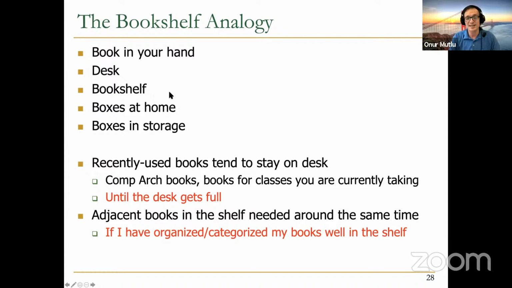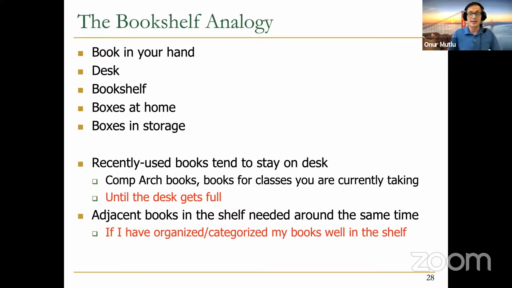But this is the temporal locality principle, right? Basically, recently used or frequently used things, you try to at least keep closer to you and not in long latency access storage, for example. But there's also a spatial locality aspect of it as well. For example, you may organize your books based on some content in your bookshelf.